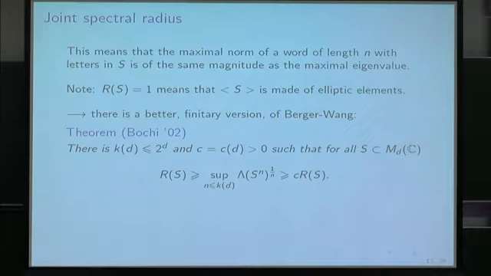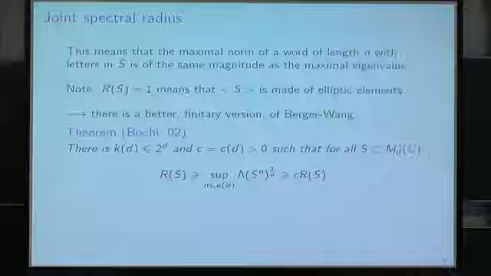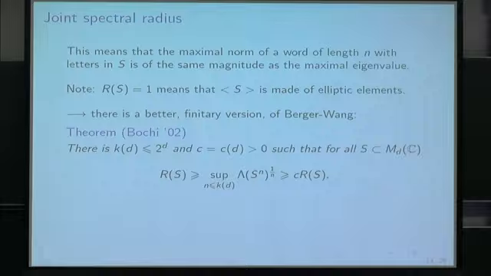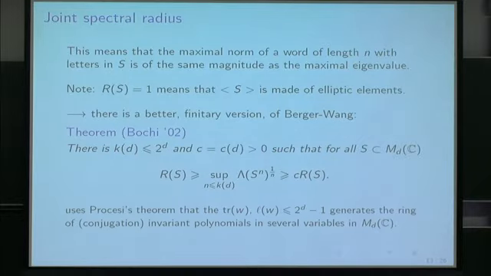There is some k(d) less than 2^d, depending only on d, the size of the matrix, such that for every finite set, the spectral radius is bounded below. This is always true, but the main point is the second inequality here. It means that you can find a word of length at most k(d) in letters in S whose eigenvalue is just as good as the joint spectral radius. But there is a constant here, the constant c, and it depends on d.